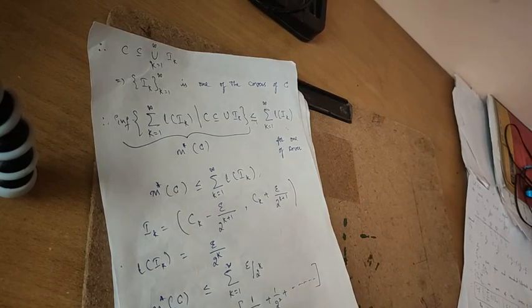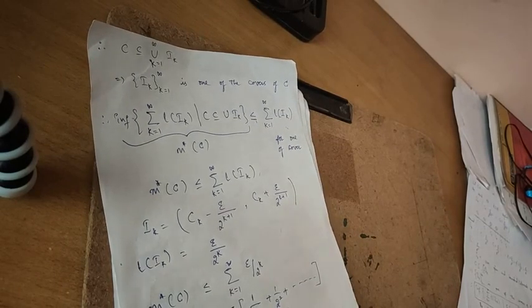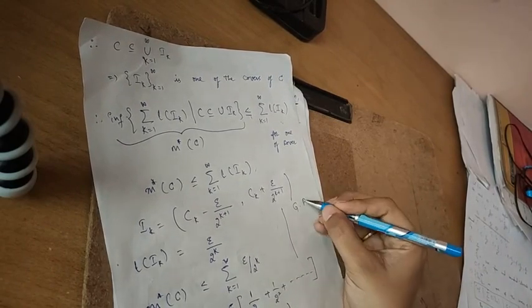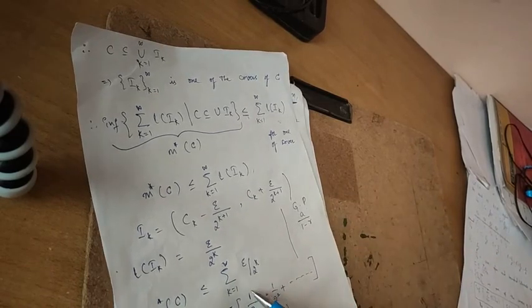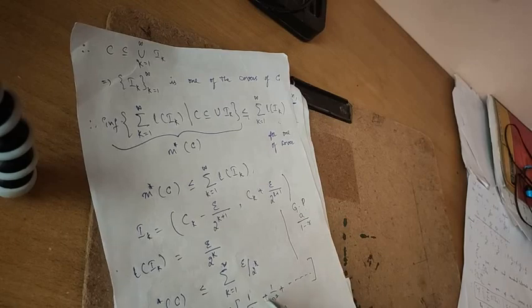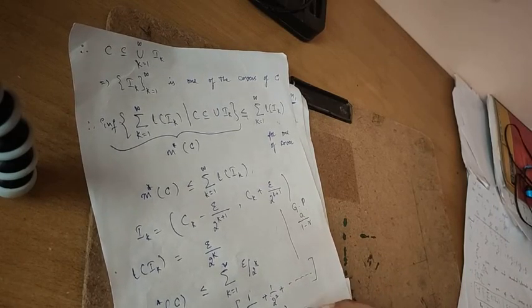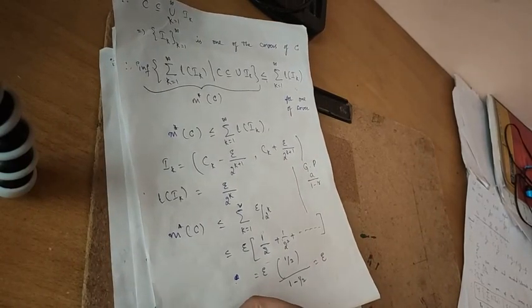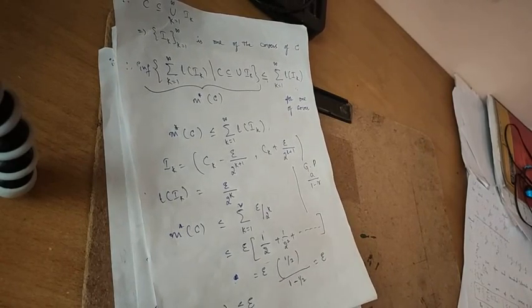So this will be equal to epsilon times (half by 1 minus 1 by 2). In a geometrical progression, how do we find the value? A by 1 minus r. A is the first term, 1 by 2, and r is the common ratio, which is 1 by 2. So if I solve this, I will get epsilon. Therefore, m star of C is less than or equal to epsilon.